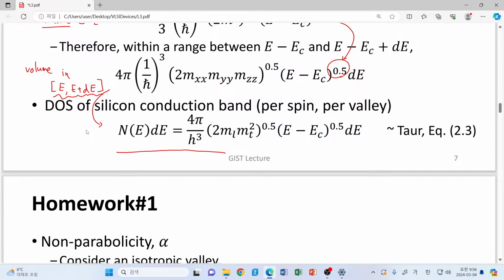Here we have mxx, myy, and mzz, but you know that in our silicon conduction band, one of them is longitudinal mass, and the other two are transversal mass. If we have this kind of configuration, where can you find it?